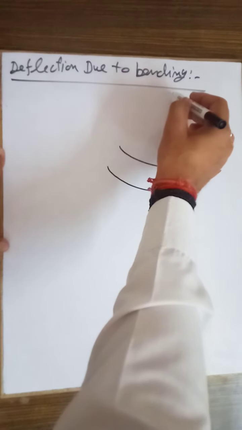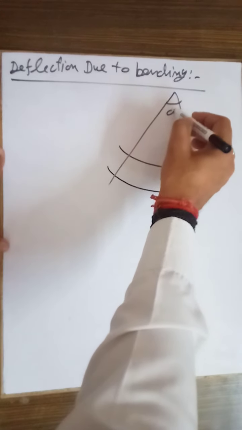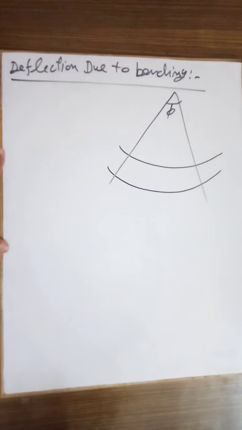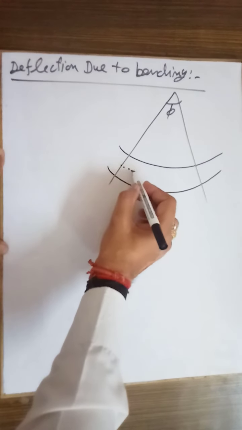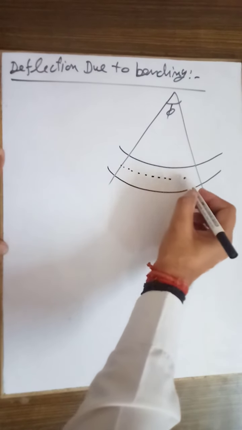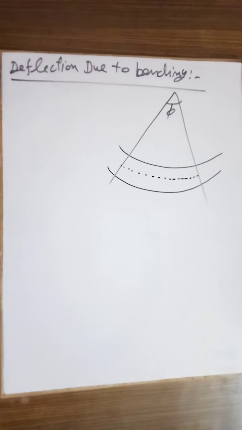If this part forms an angle phi here, this is phi, and the neutral axis is in between the compression and the elongation layer, the first and the last layer.